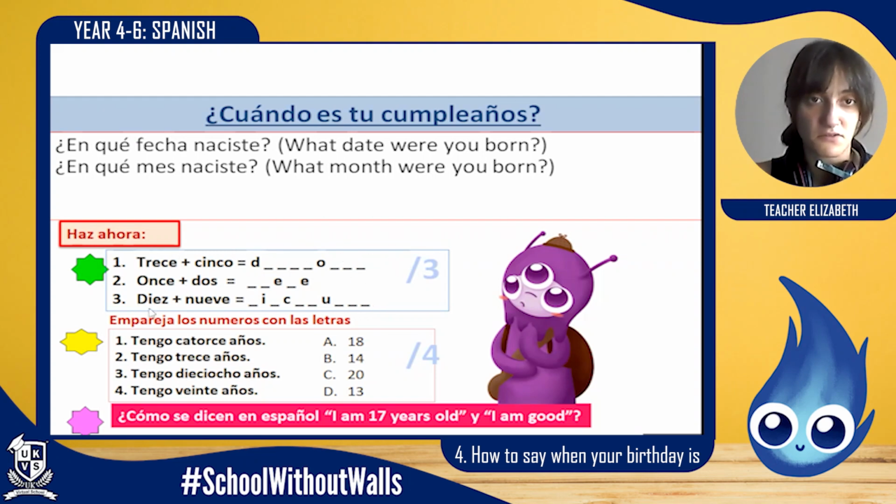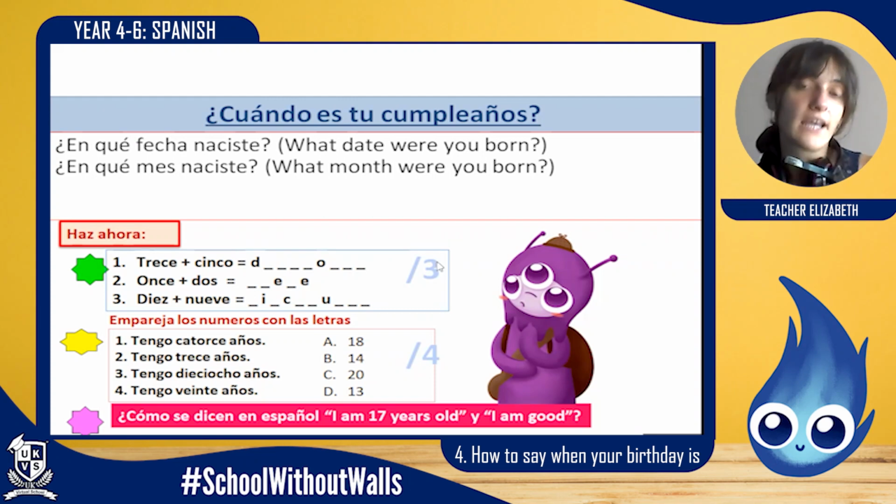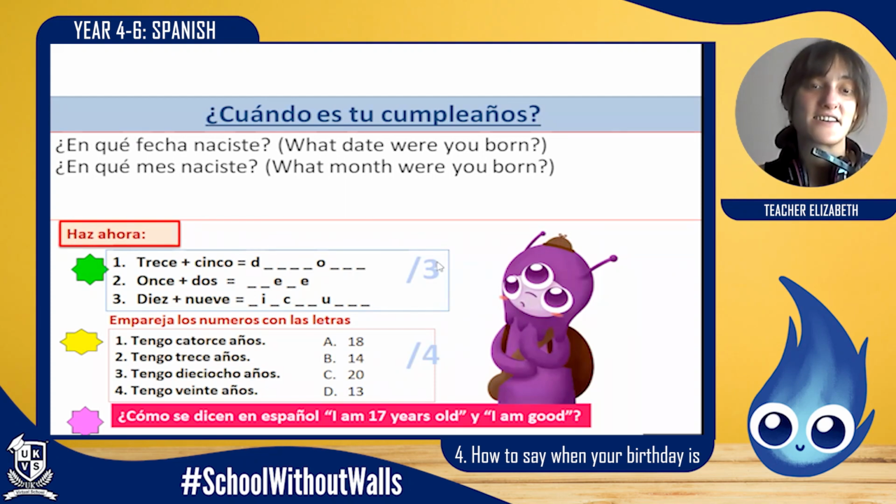No hay razón, you don't have to. You can just think about the calculations and just basically write what you think the answer is. So 13 y 5. So last time we learned the numbers, right? So now hopefully you are able to add these two numbers up. 13 y 5, 11 y 2, 19.